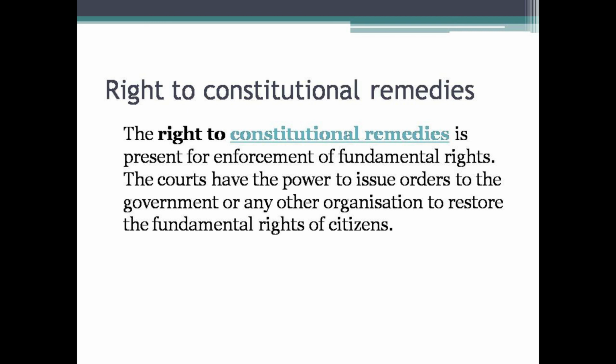It enables a citizen to go to a court if his or her fundamental rights are being violated. The courts can also set aside any law that interferes with the citizens' fundamental rights.